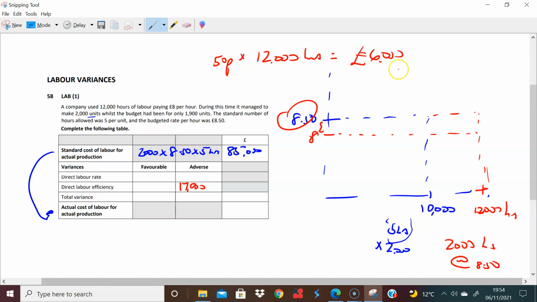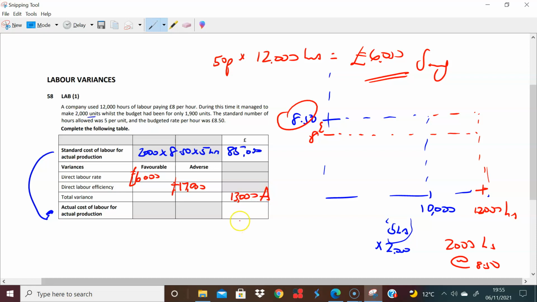So you have a £6,000 saving, a favorable variance, if you like, of £6,000, and therefore a total adverse variance of 13,000.